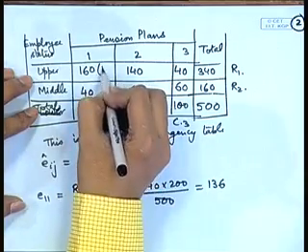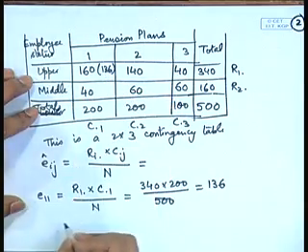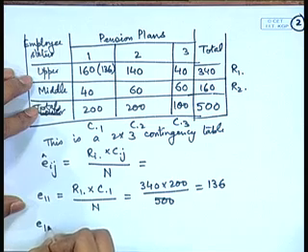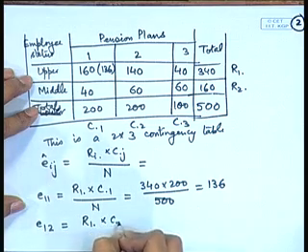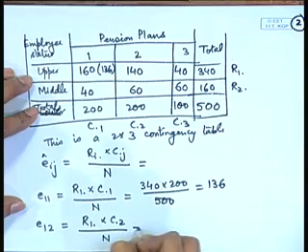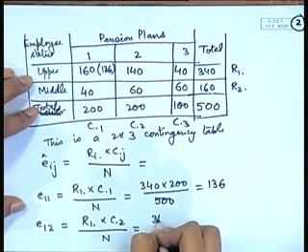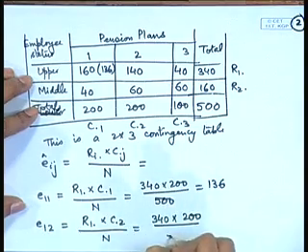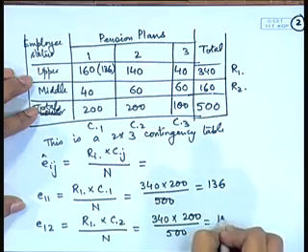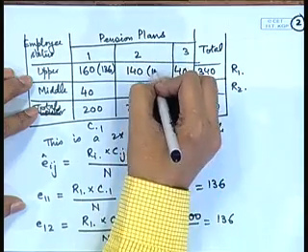So we can write these values here. Similarly, if I want to calculate E12, E12 is R1 dot into C dot 2 divided by n, that is 340 into 200 divided by 500, that is again 136.